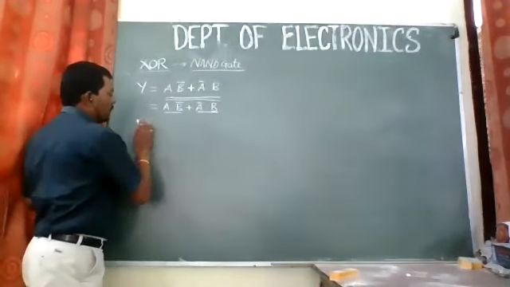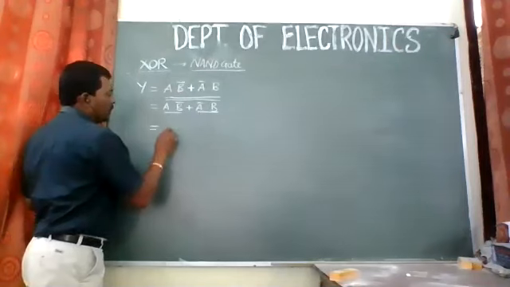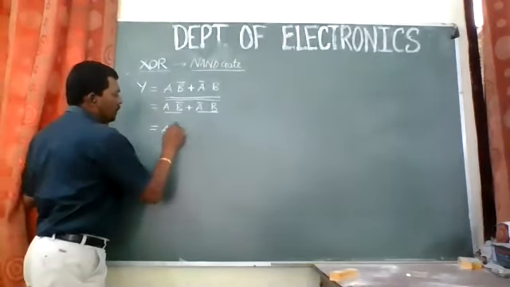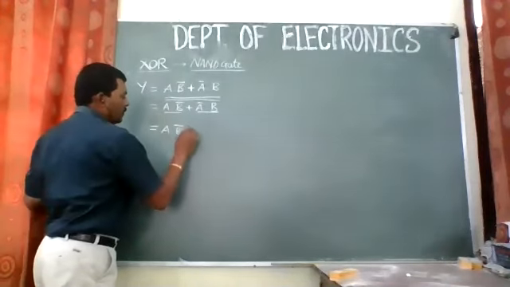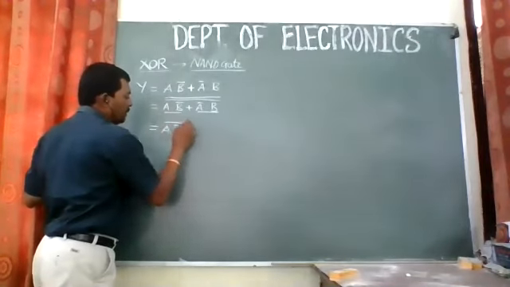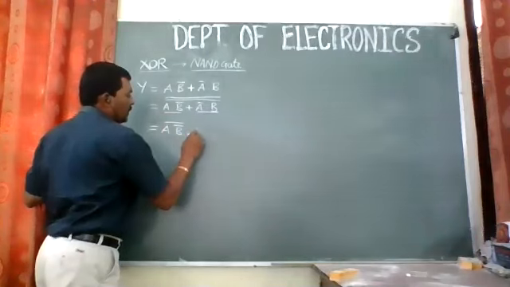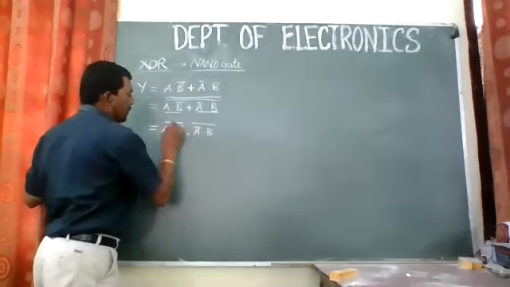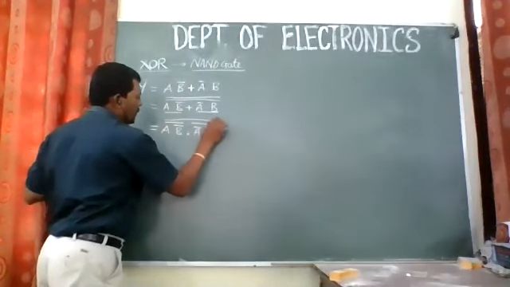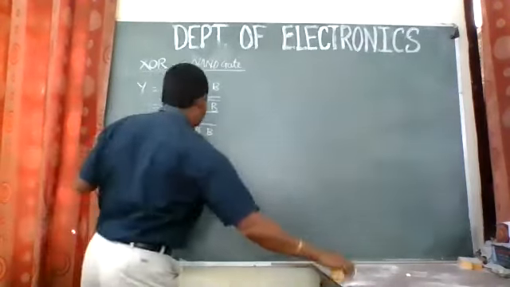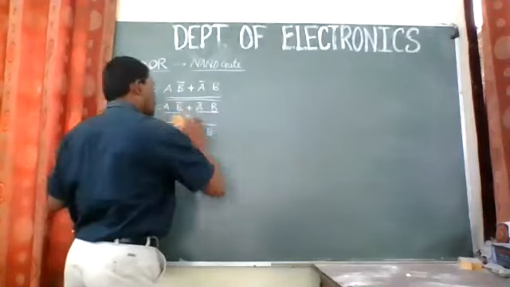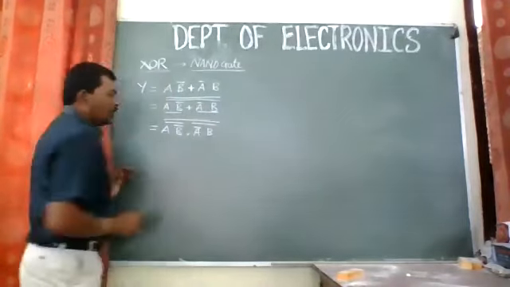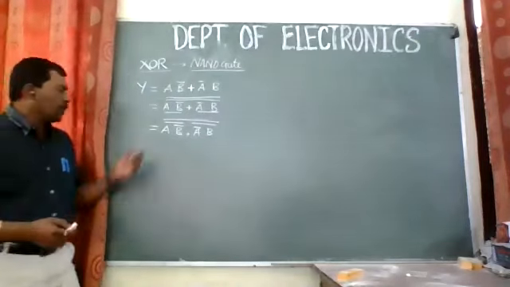The equation that we get after this will be something like this: a dot b bar, this is one variable complement, dot a bar dot b complement, and the upper complement as well. So we have two complements on the top. This is how we have converted the equation into the dot product, right?